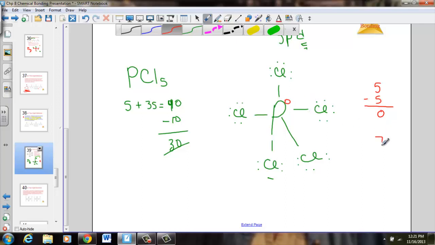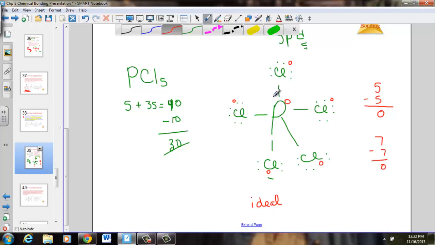Chlorine lives in group 7A, 7 valence electrons. It has 1, 2, 3, 4, 5, 6, and half of the bonded pair. It also has a formal charge of 0. Every one of them has a formal charge of 0. This clearly is an ideal Lewis dot structure.